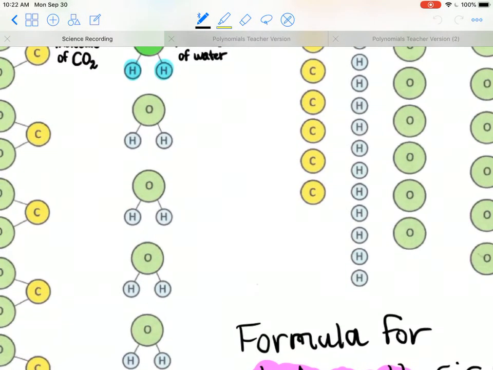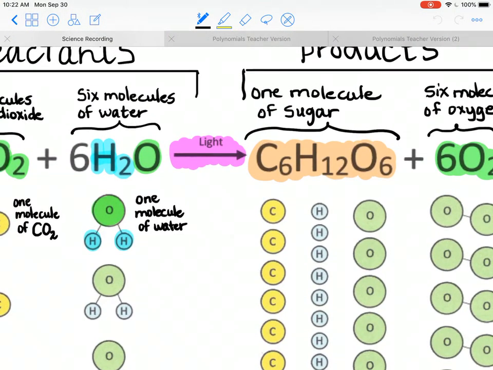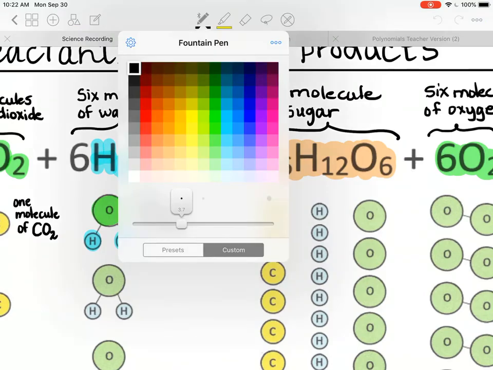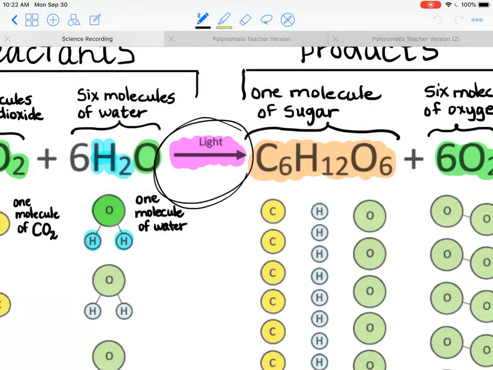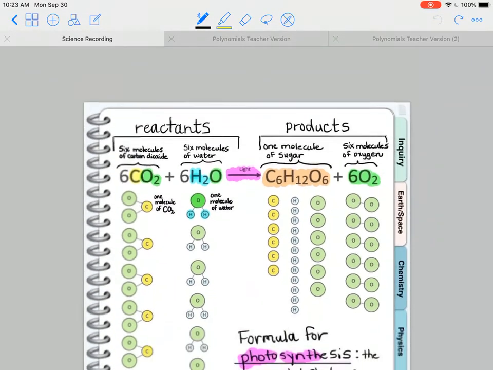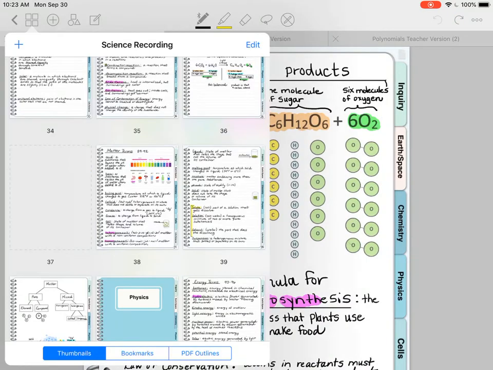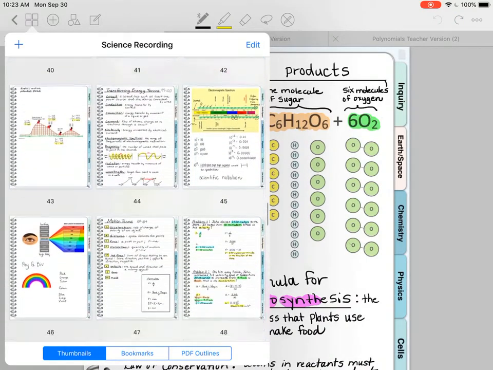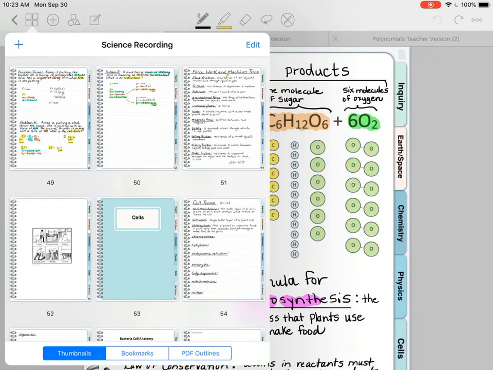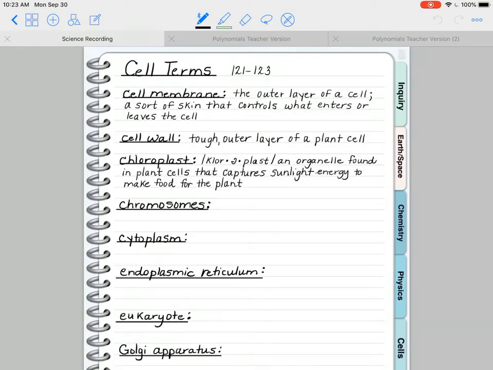Do you remember what the catalyst is in that reaction? It is sunlight. Remember, we have to have sunlight for this process to occur. And that's why plants need chloroplasts, because the chloroplasts capture that sunlight that they so desperately need.